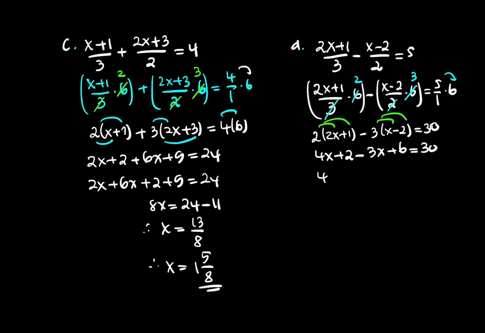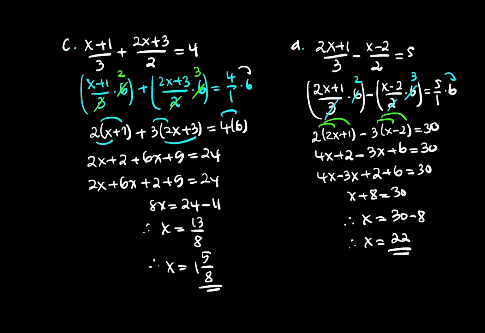So 4x - 3x + 2 + 6 = 30. x + 8 = 30. Then x = 30 - 8. x = 22. Okay?